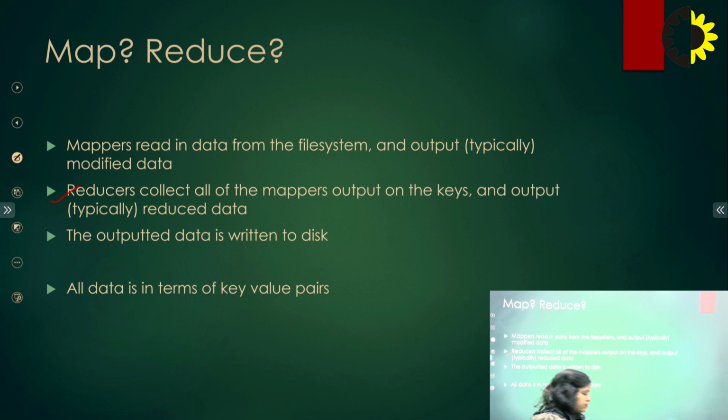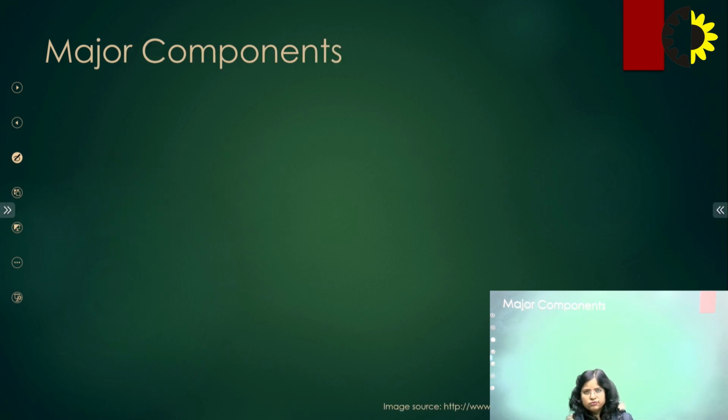The output data is written to the disk and all data is in terms of key-value pairs. In the MapReduce framework, the output is only in the form of key, value, where the key is the word and the value is the frequency of the word.